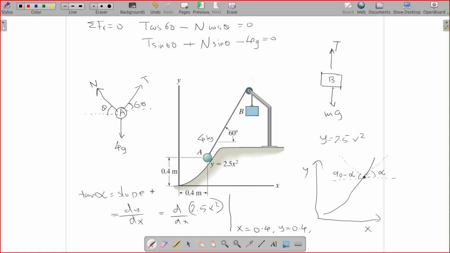So slope is equal to the derivative, which is tan alpha. From that you can calculate alpha, and from that you can calculate theta. Then the system is fully solved. I think today we will stop here.